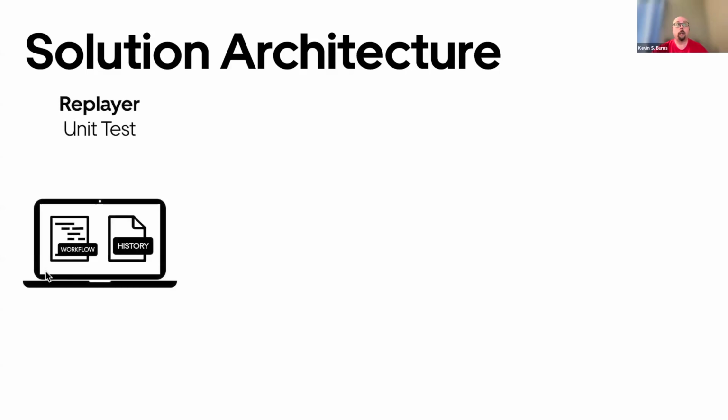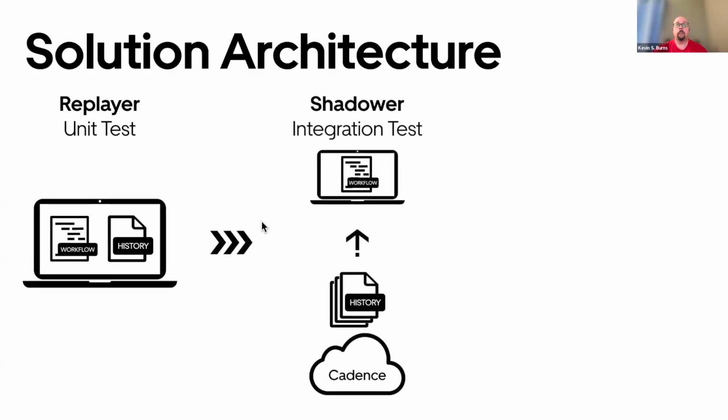So solution 1 is the replayer. This one requires you to manually download a JSON file to get history to play against your workflow. And number 2 is the shadower, a more advanced tool in which you can use code to query the actual history.